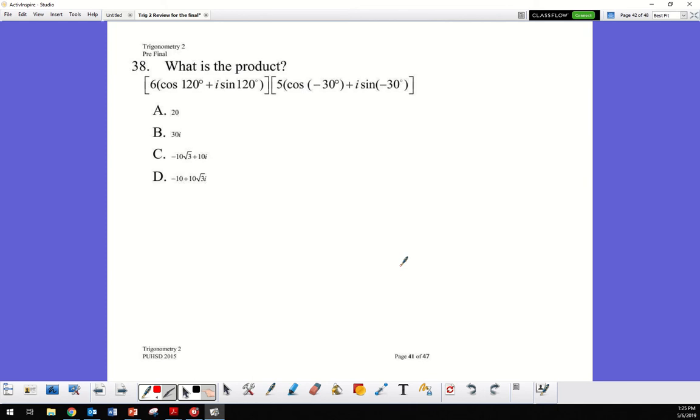All right, this one right here. Let's start it by hand. What's the answer for that one? It was 1 plus i. So what you got? You have to change it back.